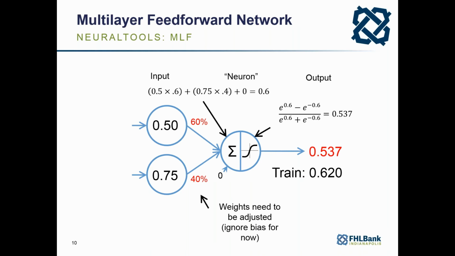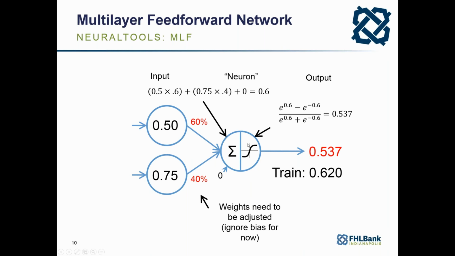So now let's say the output I was expecting was a 0.62. I didn't get a 0.62. I got a 0.537. Well, now there's an algorithm called stochastic gradient descent that it uses, and the reason that this is a sigmoid function instead of the step function that you saw before is because you can differentiate it. So it's going to use multivariate calculus to figure out a minimum and then take the error between these two. Okay, so I predicted 0.54, and I was trying to get to 0.6.